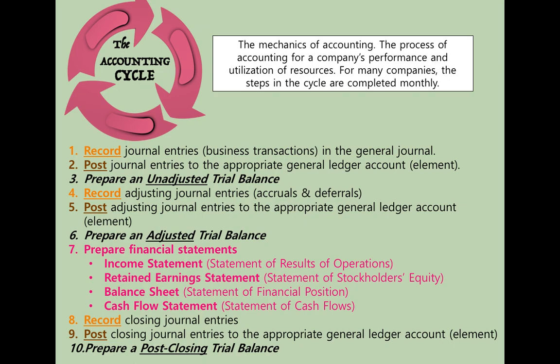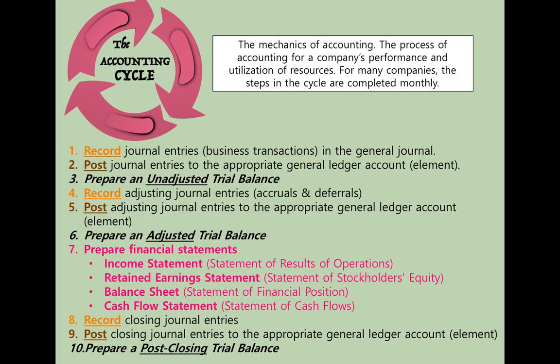You'll see that I've formatted them in such a way as to show some themes or some recurring cycles. Number 1, we're going to record journal entries. Number 2, we're going to post those. Number 3, we're going to prepare an unadjusted trial balance. Now we haven't really gotten into trial balances, and that's okay.